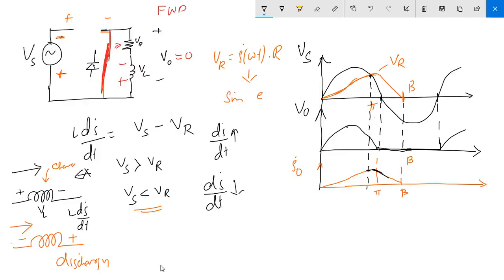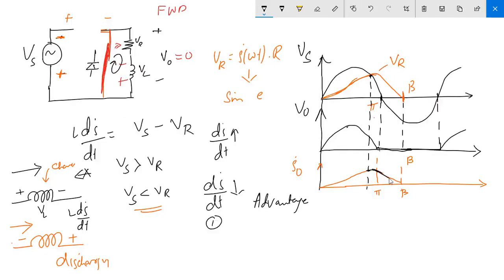What are the advantages of connecting a freewheeling diode? The first advantage is that the load current is a continuous current waveform.